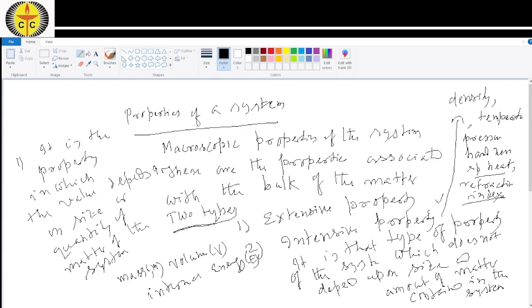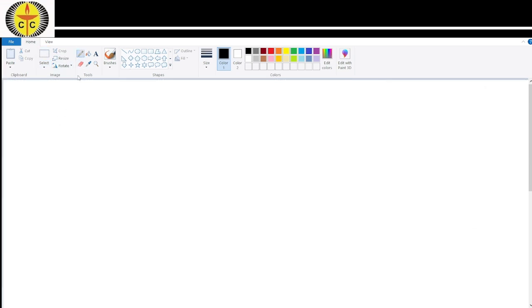What is the thermodynamic state of the system?